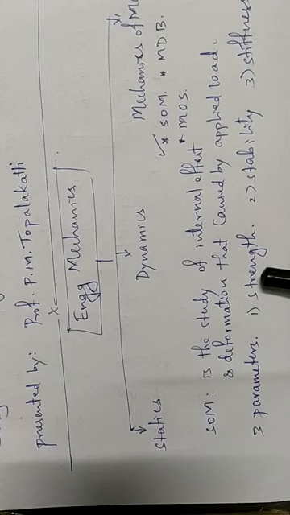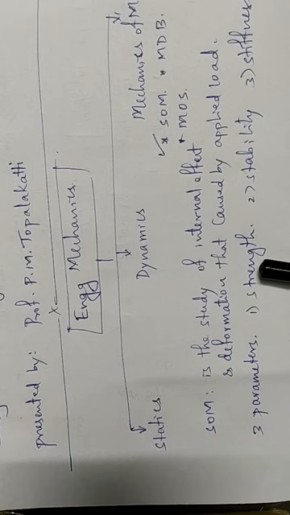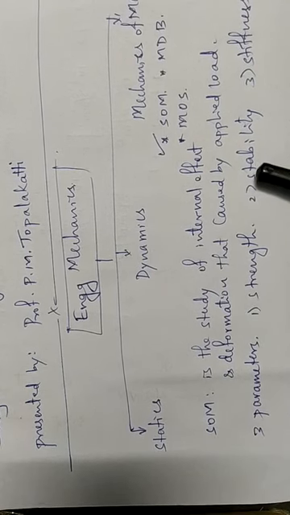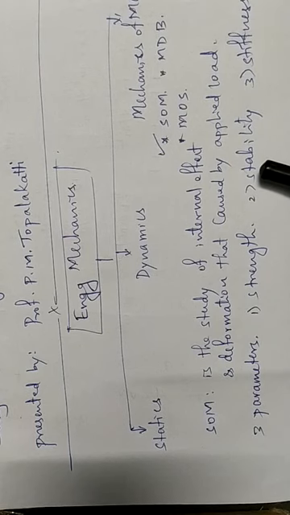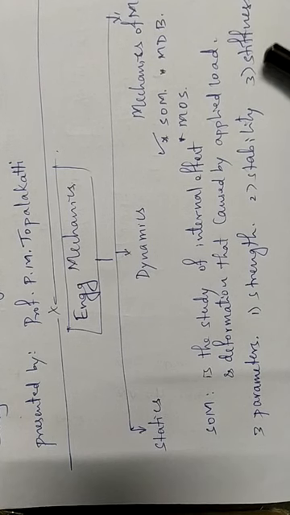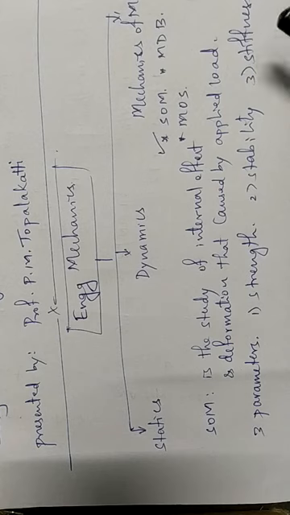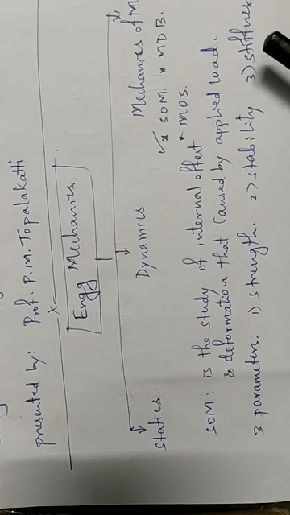Those stress values should be restricted to a limited value. Beyond that limited value, we should not consider it in the design aspect. Stability means the structure has to be stable with respect to overturning, sliding, and friction. Stiffness means the structure should be free from some applied limits, such as deformation limits, deflection limits, and even flexural behavior and shear behavior.